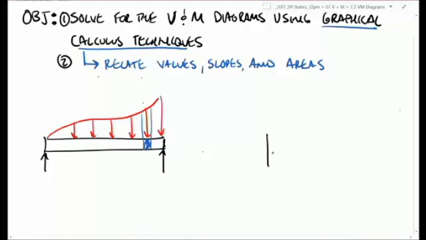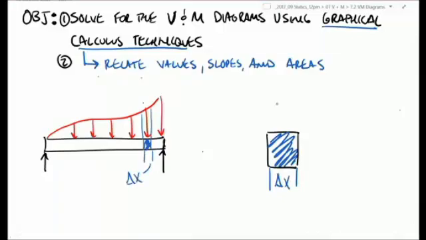I could draw that over here, draw a free body diagram of this little slice. And we can say that this slice has some length of delta x, right? So this is my little delta x slice. It has a distributed load. It's going to differ along its length.